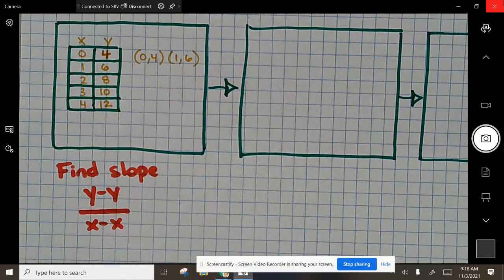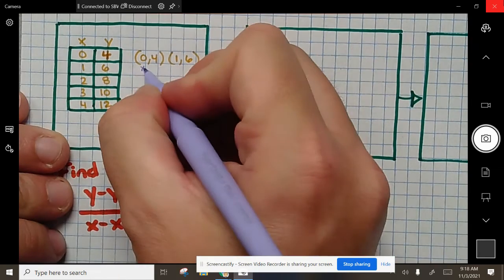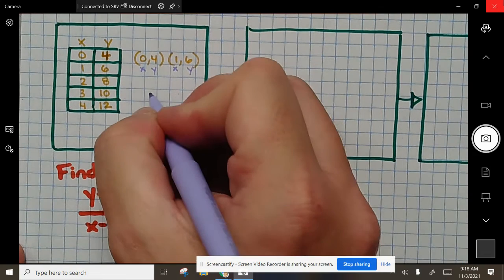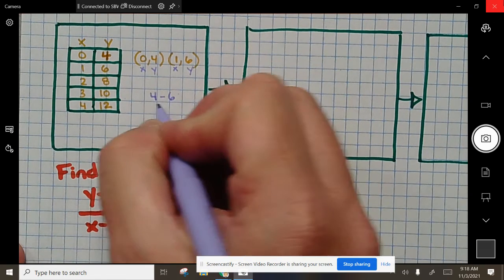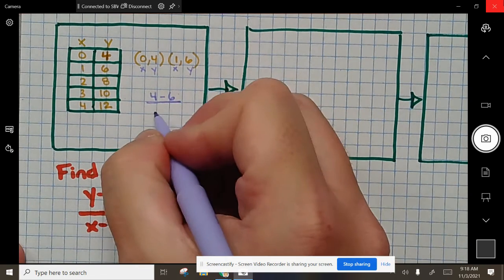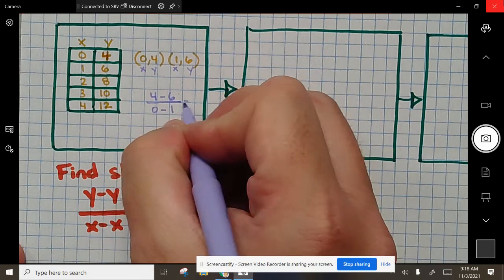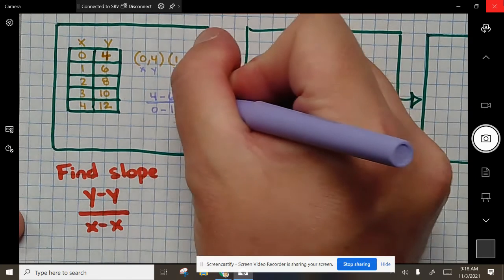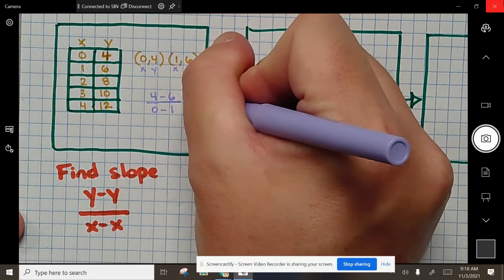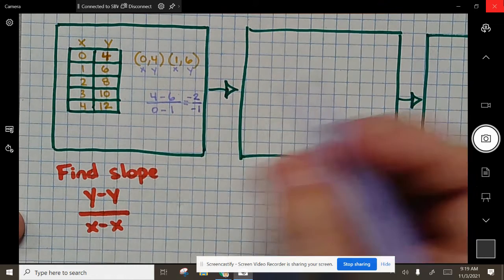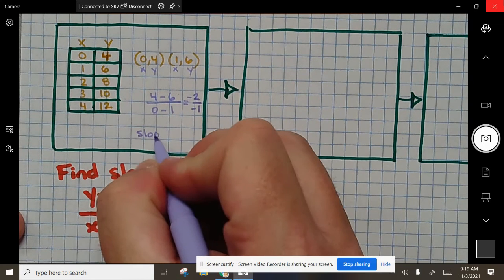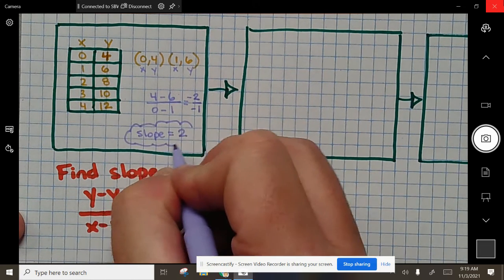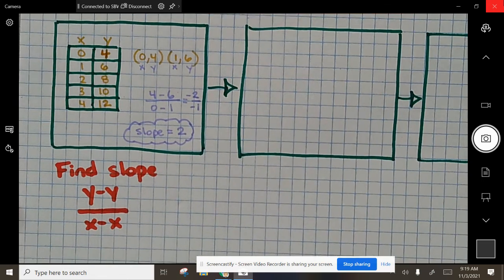Okay, I'll just use the top 2. Four minus 6 over 0 minus 1, I get negative 2 over negative 1, which means the slope equals positive 2. That's important.